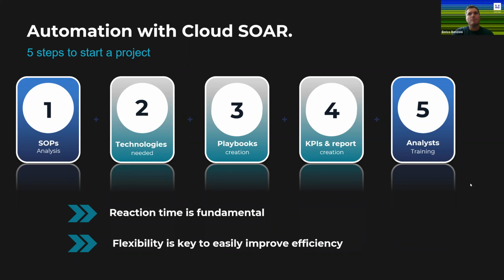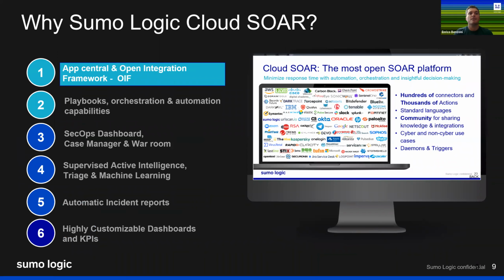Entering into the details of the 6 main capabilities that help you start an automation project, the first step is the integration. With App Central, the repository of all the existing actions that you can easily use, if you have a firewall, EDR, SIEM, DDoS or OT security solutions, whatever you have that has APIs, you can easily integrate.